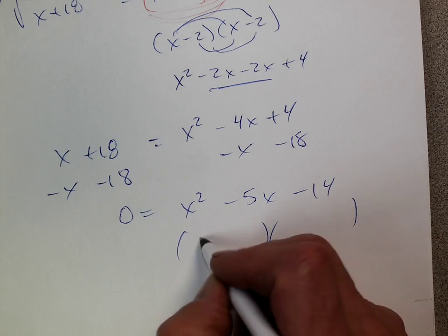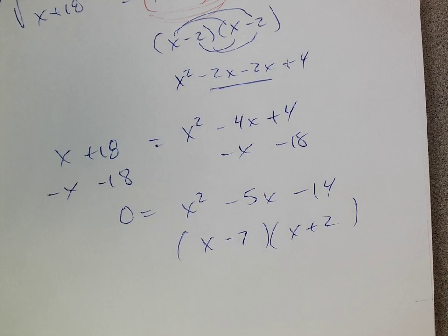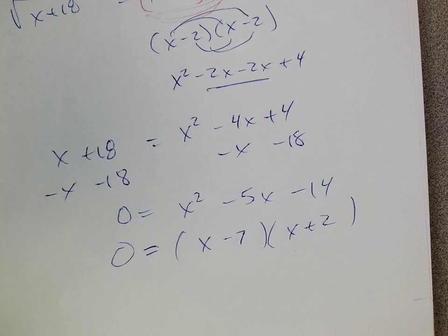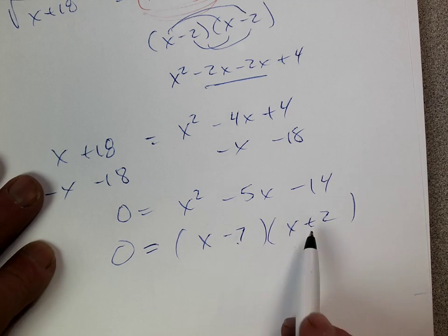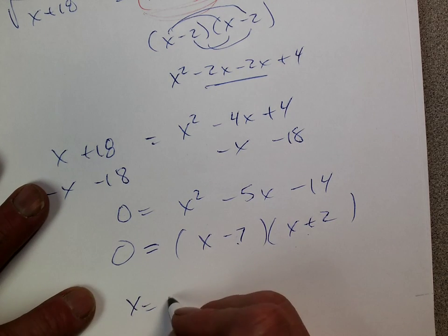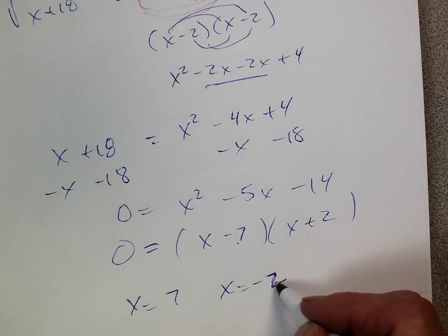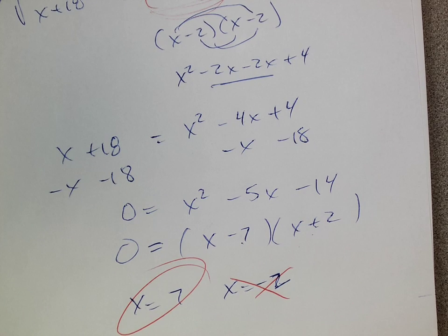Let's go negative 7 and a positive 2 because that'll make a negative 5. But we're not done since we're solving them. We'd set them equal to 0 and solve them, so we just get the opposite. So we'd get a positive 7 and a negative 2. So our answer is positive 7 and negative 2. But always worry about negatives with square roots. So I'm going to throw out the negative 2. Can't use negative 2, just 7, okay?